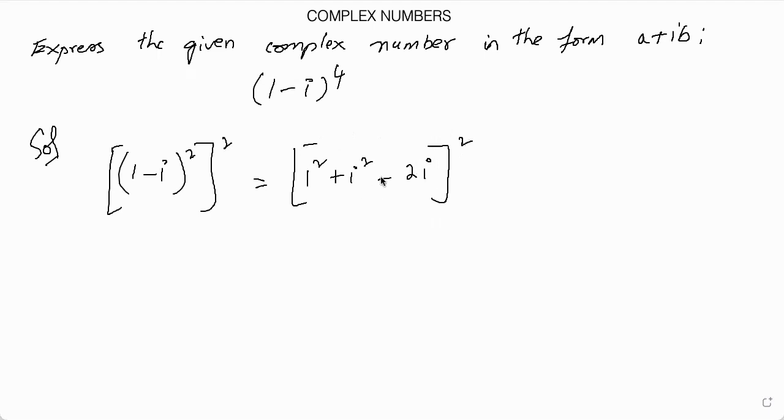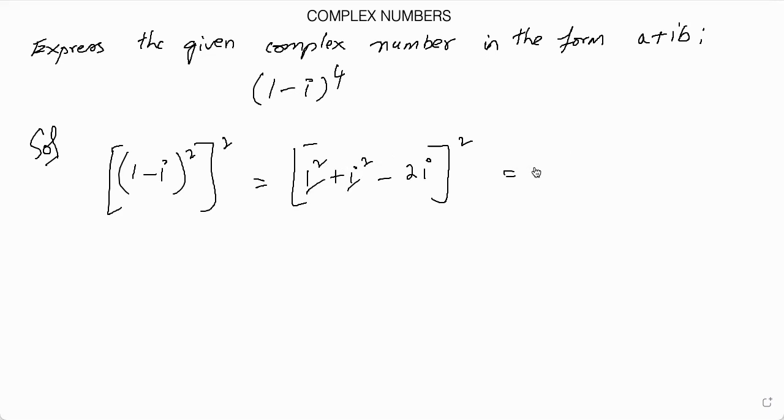Now i square is minus 1, so this one and this one get cancelled, plus 1 and minus 1.